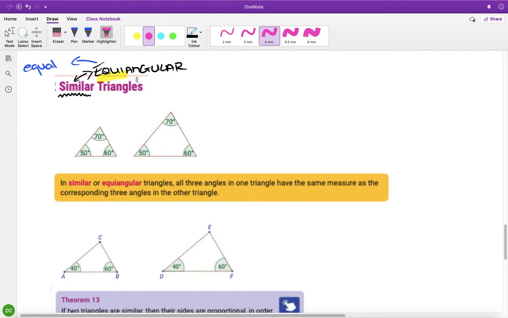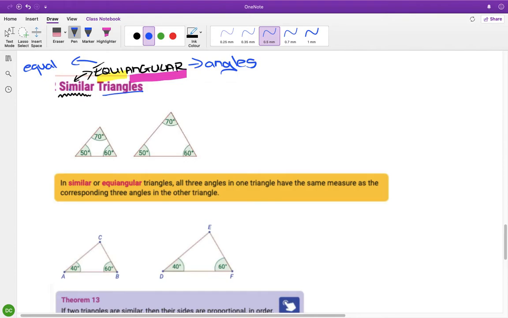And the second part, angular, is referring to angles. So essentially what this means is equal angles. So if you have equiangular triangles, then you have two triangles with equal angles. Similar means the same thing.